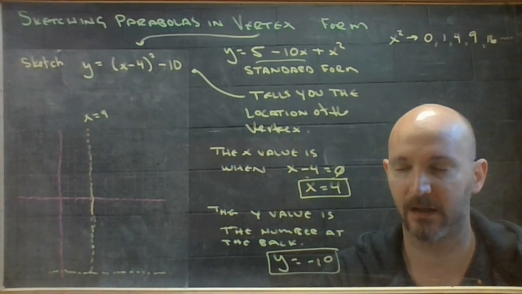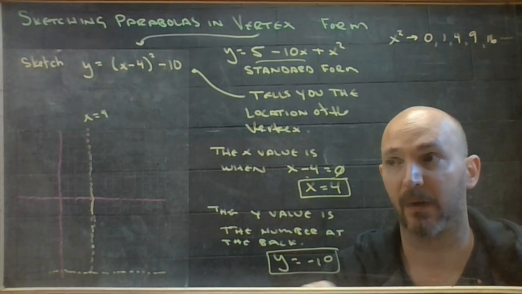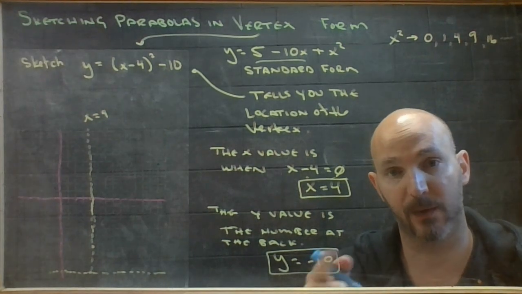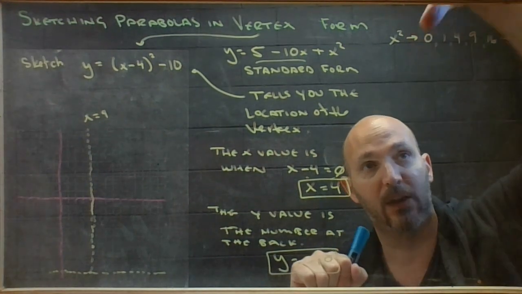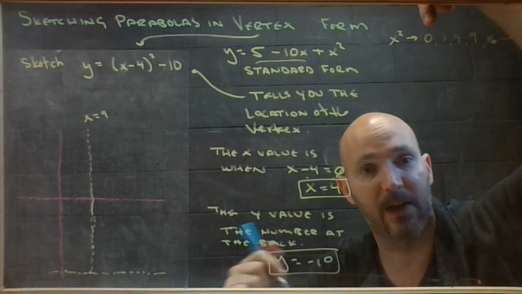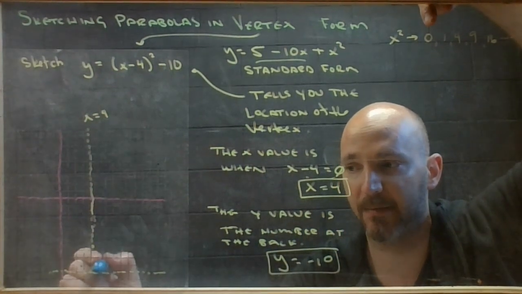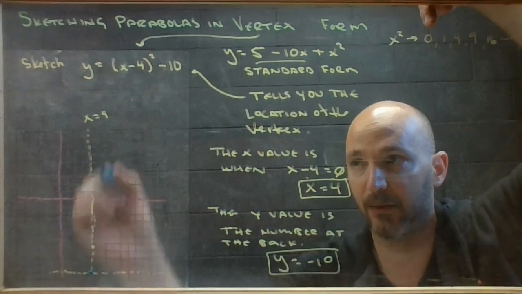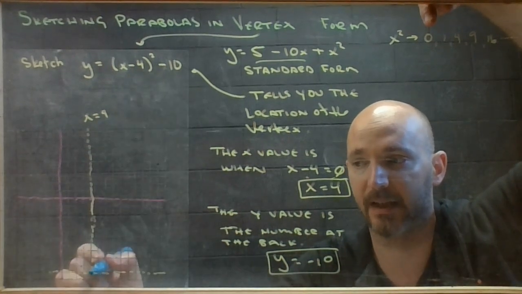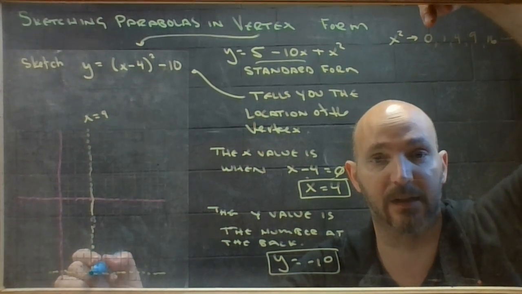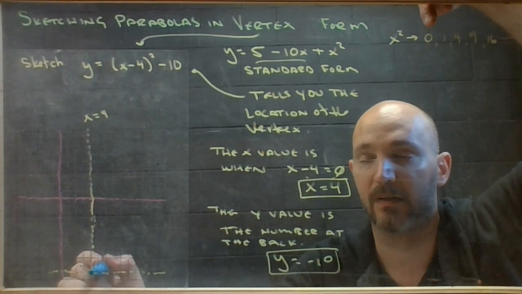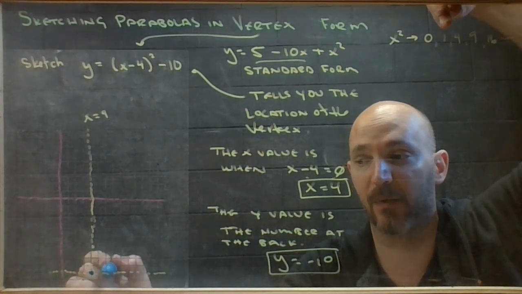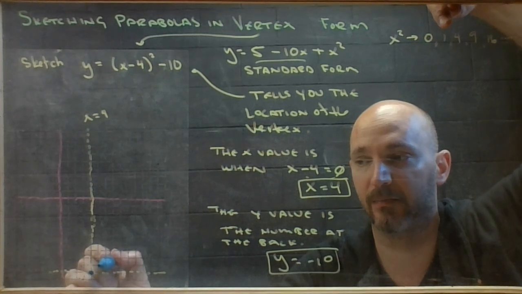Okay. So I'm going to sketch this thing now that I know where the vertex is. I look up at my x squared values. So at this place, I read this equation and said that's where the vertex is. If I take one step to the right, I have to go up 1.